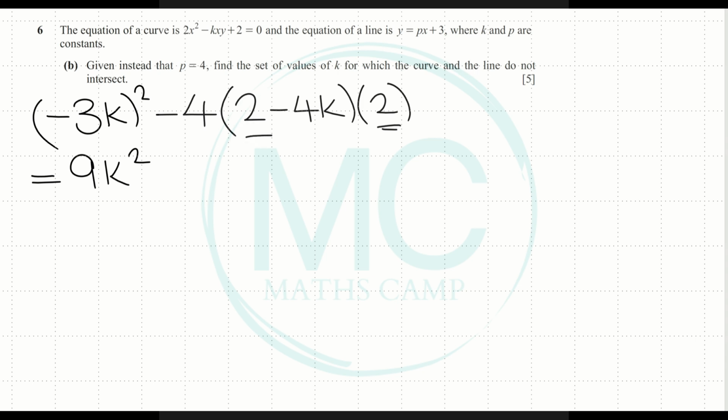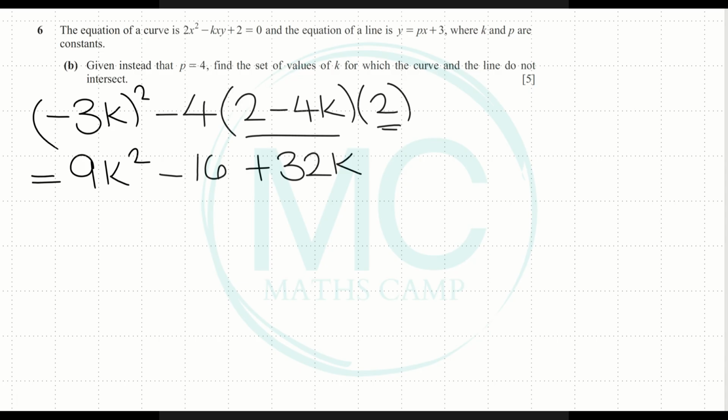And now we multiply by the terms inside this bracket. Negative 8 multiplied by 2 gives us negative 16. Negative 8 multiplied by negative 4k gives us positive 32k.